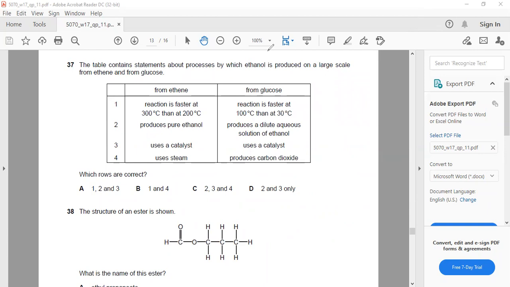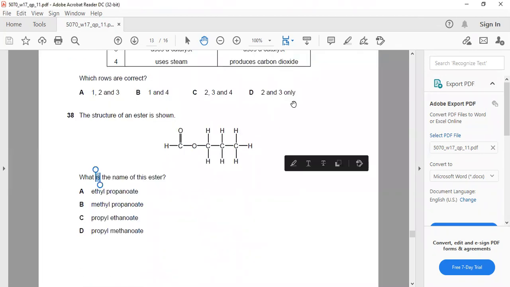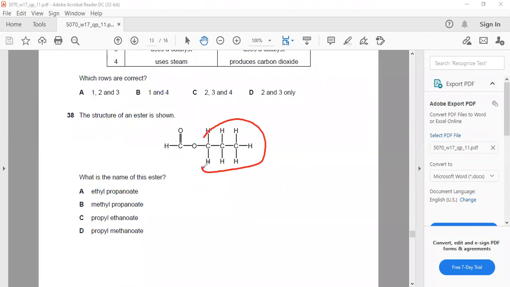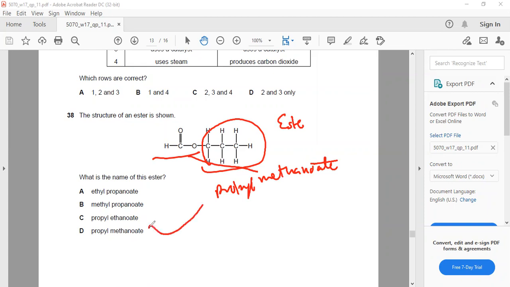Now, 38. Many students think that this is ester and these three carbon propyl and methanoate. The alcohol part comes first as propyl.